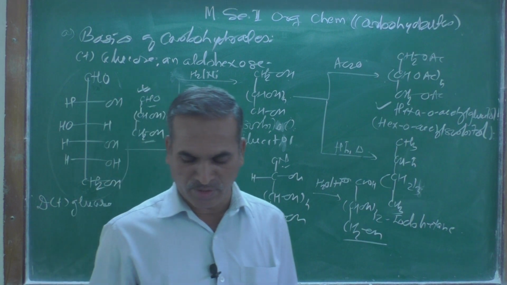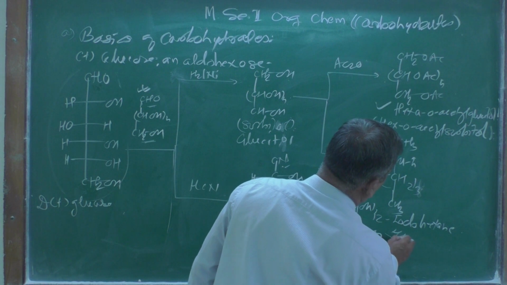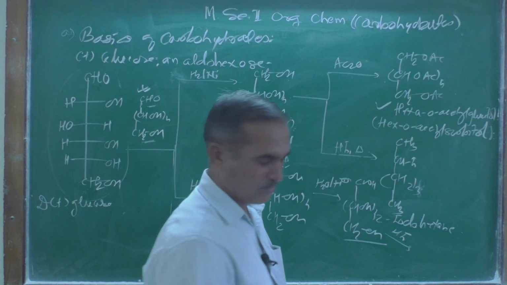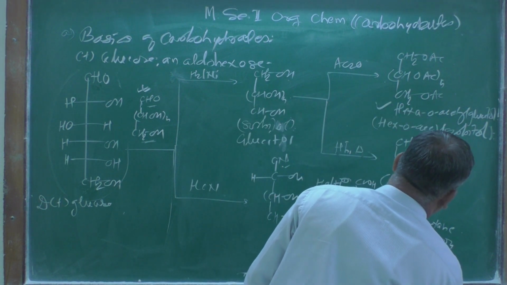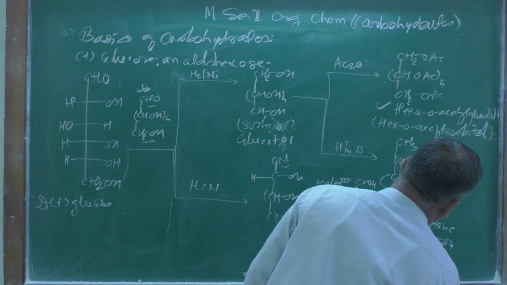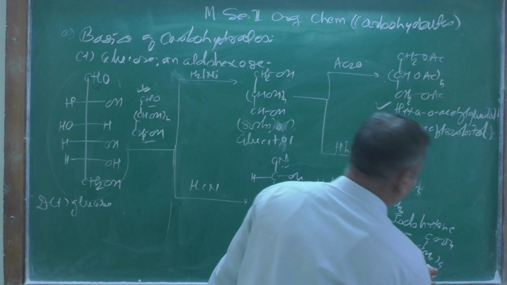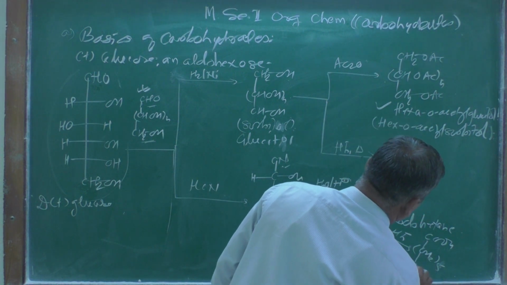That is the compound we are getting over here. When this is further treated with HI, hydroiodic acid, it gives this type of compound: COOH, then CH2 five times, and CH3.